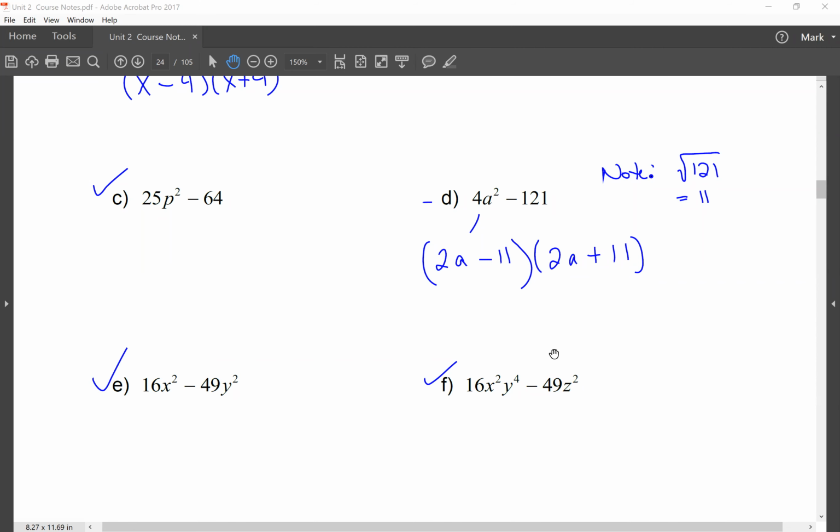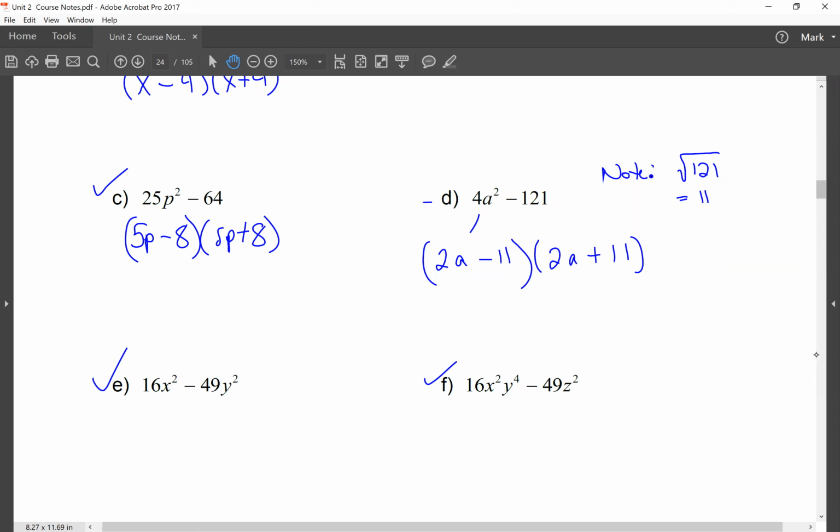All right, so let's have a look at these answers here. Now, most people got C and E, but I didn't really see any answers to F, or there might be some in there now, but let's have a look. So 5p plus 8, 5p minus 8. That is a 5p, not an S P. One thing I'll mention, if you had 5p plus 8 and then 5p minus 8, that's the same answer.